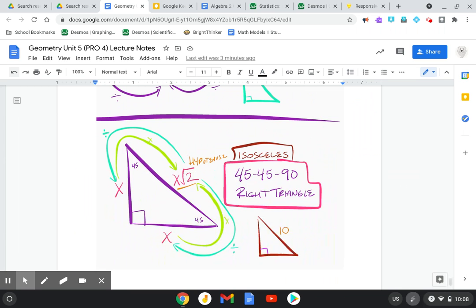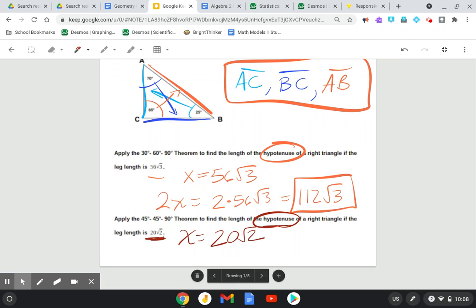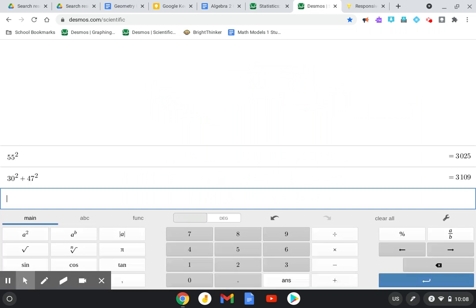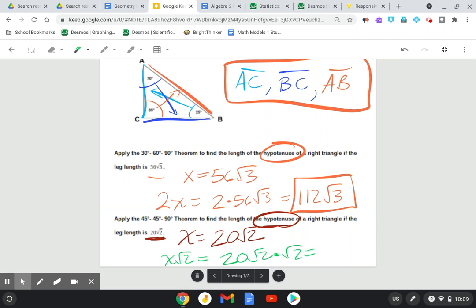Okay, so we go back and we do x times the square root of 2, which is going to be 20 square root of 2 times the square root of 2. If I do that in my calculator, 20 square root of 2 times the square root of 2, I get 40. So you can just use your calculator for these.